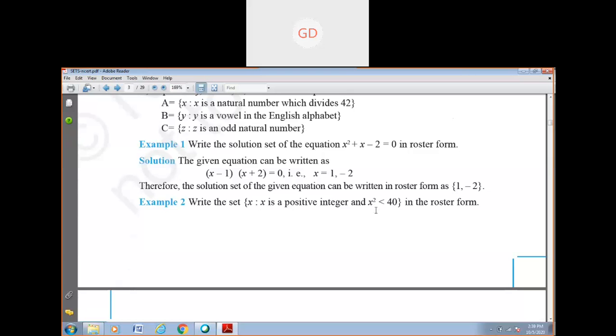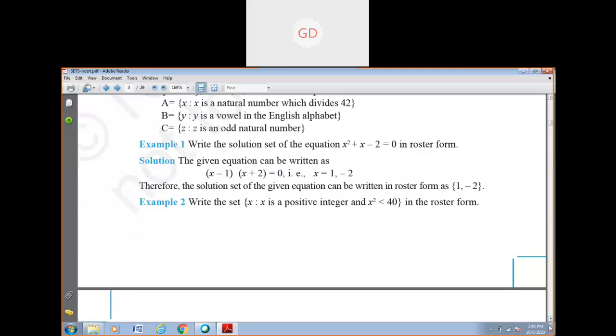If we put 1, 1 square means 1, less than 40, so it is one of the elements. If we put 2, then 2 square is less than 40, so 2 is also its element. If you put 3, 3 square means 9, which is also less than 40. So 3 is also its element.